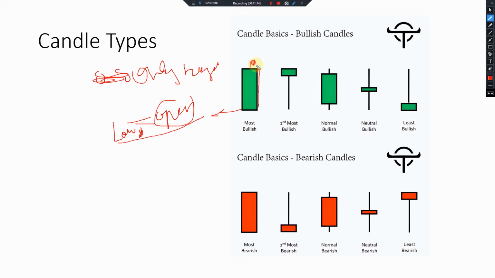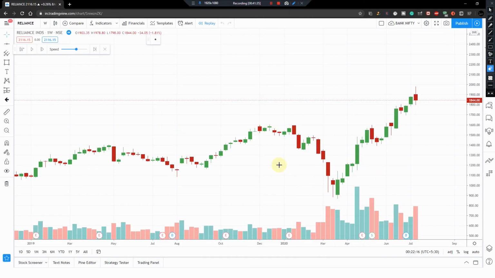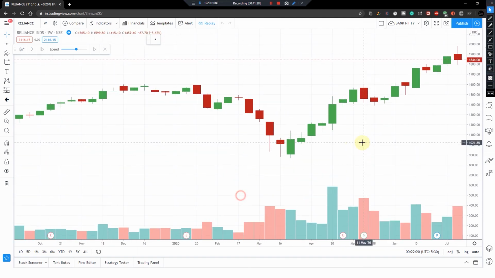There is no wick at the top because there were no more buyers, and there were no more sellers also. So there were huge buyers only. Because there were only buyers, we can see a huge candle which is only body, with the color green. We'll see that in a live example. So in here, we'll look for candles like that.